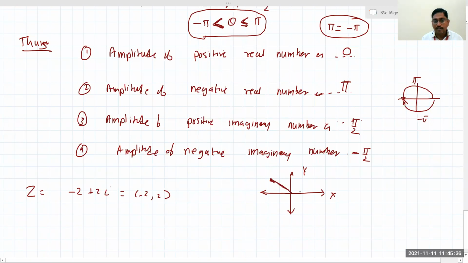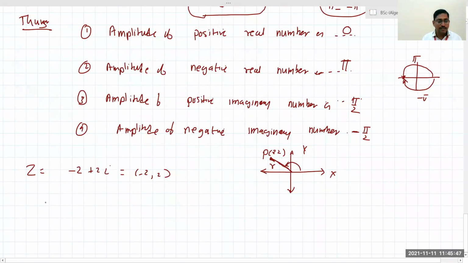You need to find the angle and r for this. Position of point P is minus 2 comma 2. Try to find angle and r, you can find very easily. What is r for this? Minus 2 square plus 2 square gives 4 plus 4, that is root 8. 4 into 2 you can write.